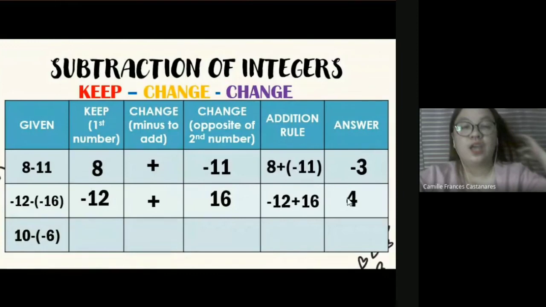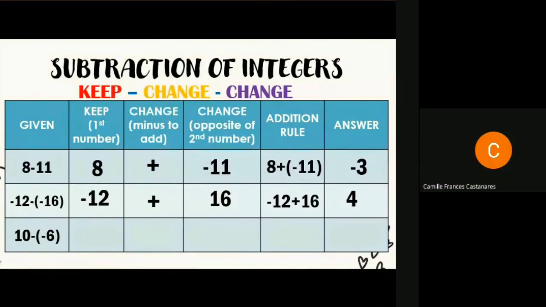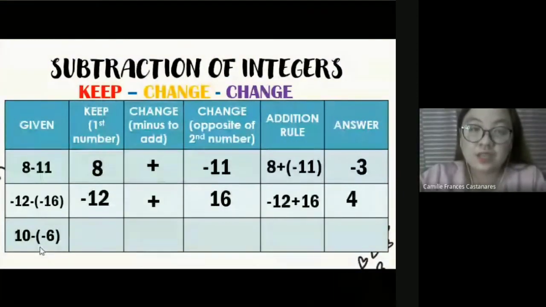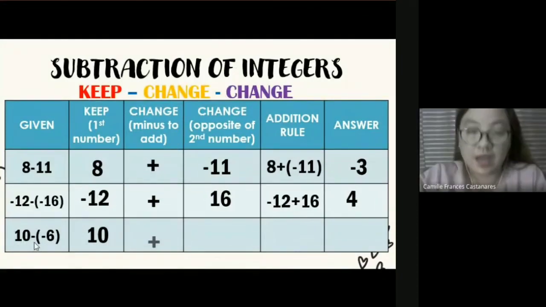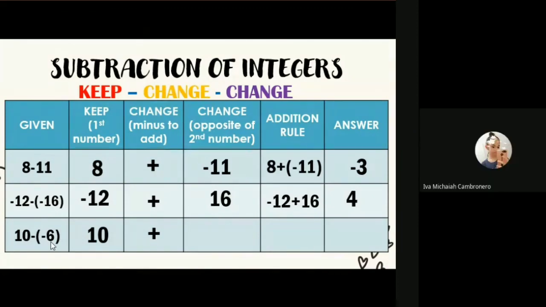Next, we have 10 minus negative 6. Keep natin si first number, which is 10. Change natin yung operation from minus to plus. Okay, very good. What is the opposite of negative 6? Positive 6.